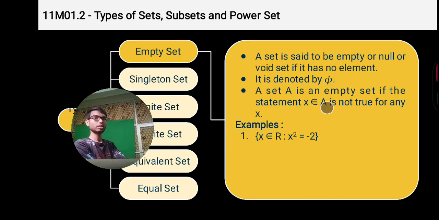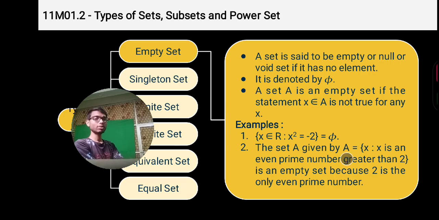It was just a statement, which is a sentence. Now we have x belongs to R, such that R is what? Real numbers, and x square is equal to -2. So of course it does not exist. That's why this will be an empty set.